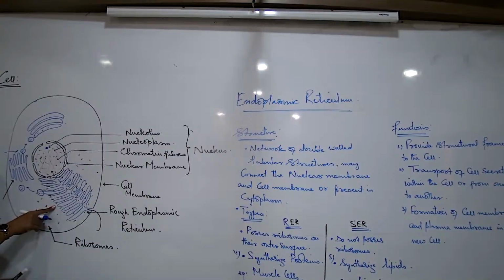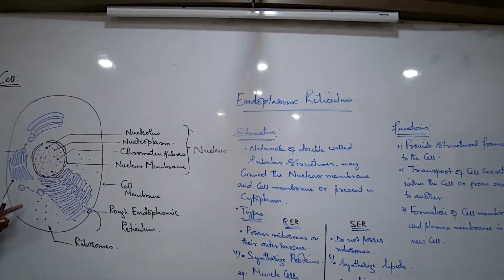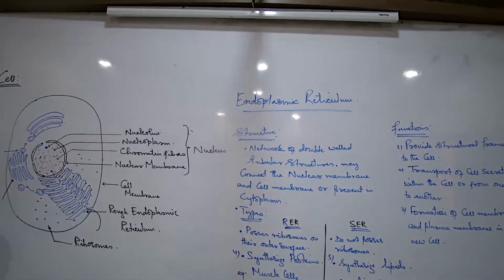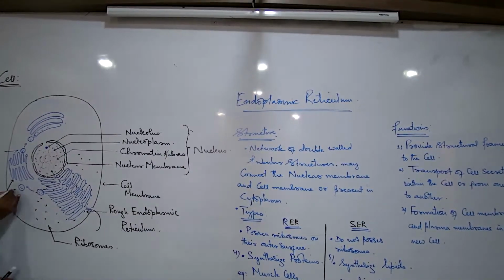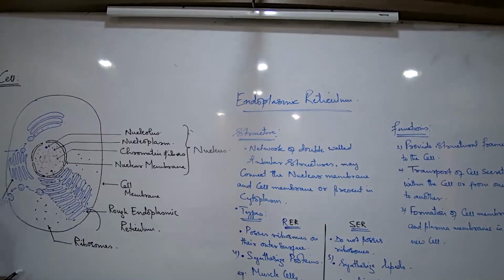Whether I talk about this or this, they will always produce proteins or lipids. But how will the protein or lipid go from one part of the cell to the other? In the form of small packets. What do we call that packet? Vesicles. So this vesicle may also go and fuse with the cell membrane and throw the secretion outside the cell. This is also possible.